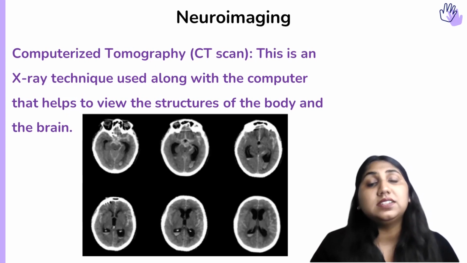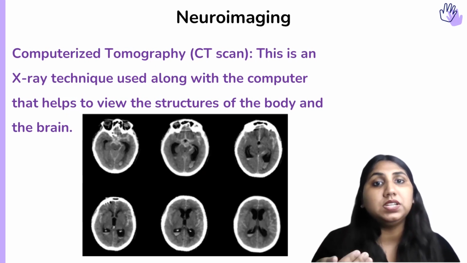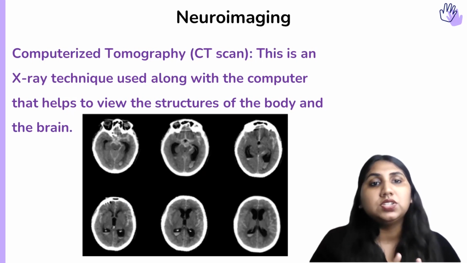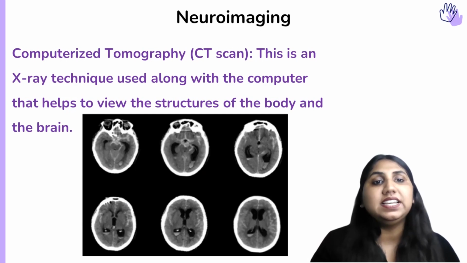You might have seen this in movies or shows, where a person goes under this machine. That cylindrical ring is where the person goes, and the X-ray is passed from one side and the X-ray detector is placed on the other side of the patient's head. Slowly the X-ray and the detector are rotated and photographs are taken from all the angles, because this gives you a broader and more comprehensive picture.